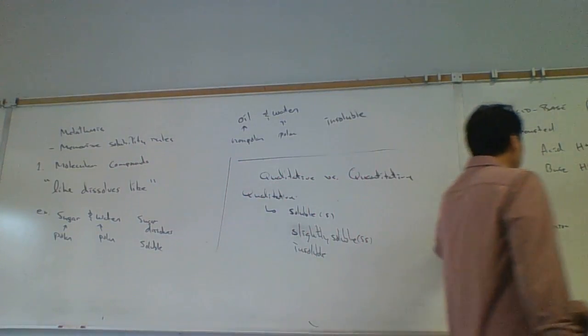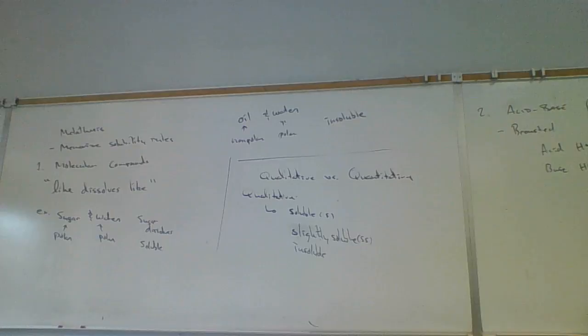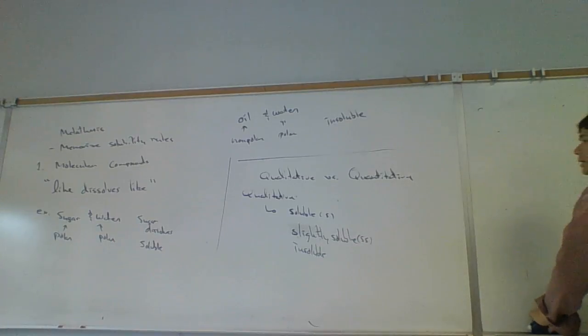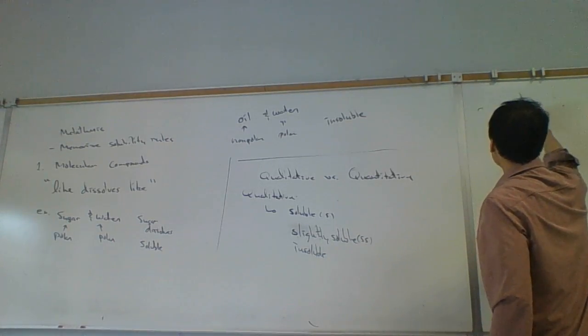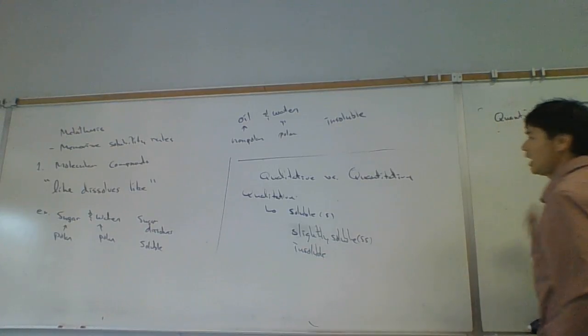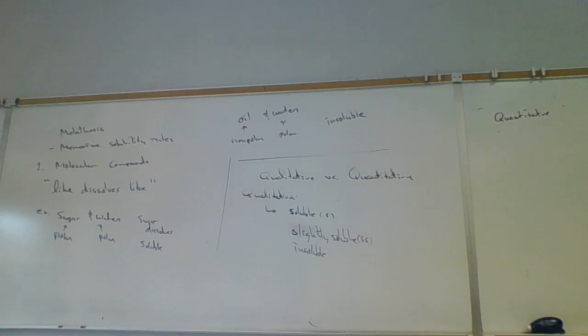So these are very qualitative. We also have quantitative solubilities. And so we can always do this quantitatively. Say, for example, I want to know exactly how much I can dissolve, how many sugar cubes max per cup of coffee. Well, I can measure it and weigh out how many grams that is. That's going to tell me how many grams of sugar I can dissolve in, let's say, a 250 milliliter cup of coffee.